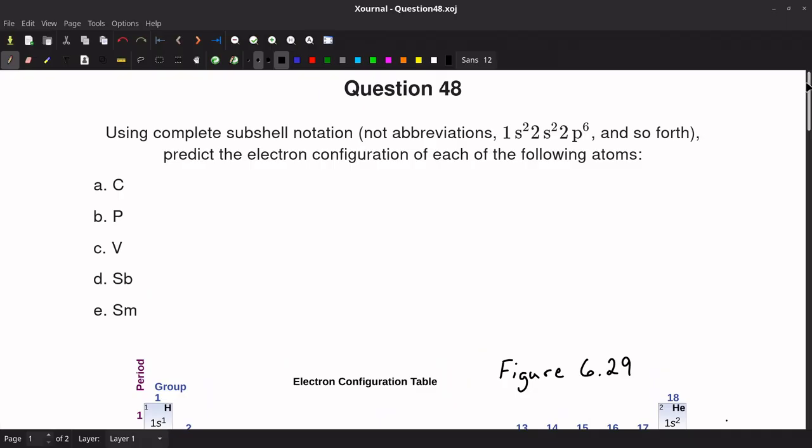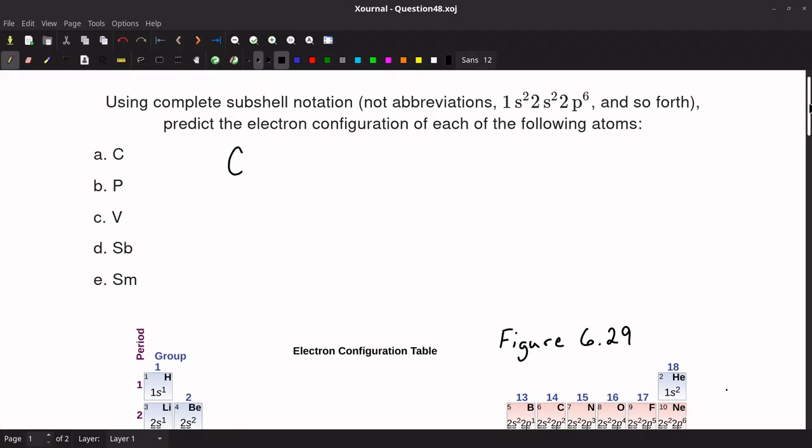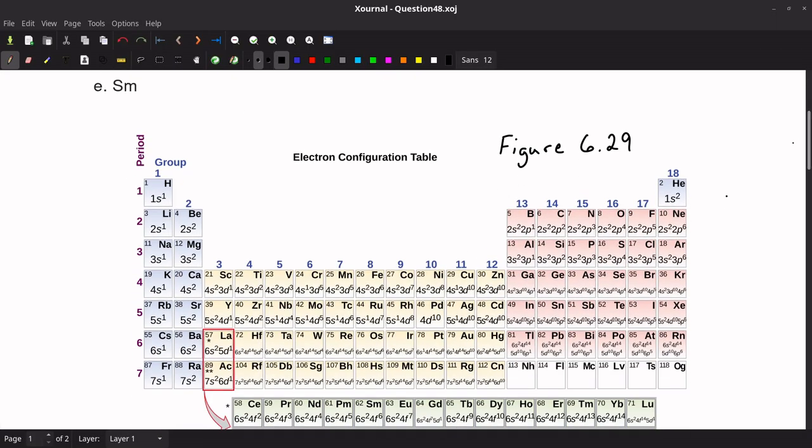So the first one here is going to be a relatively light element, carbon. And the first thing I like to do is just write down that symbol there so that I know which electron configuration I'm going to talk about. Then I'm going to come down here and locate the carbon on the periodic table.